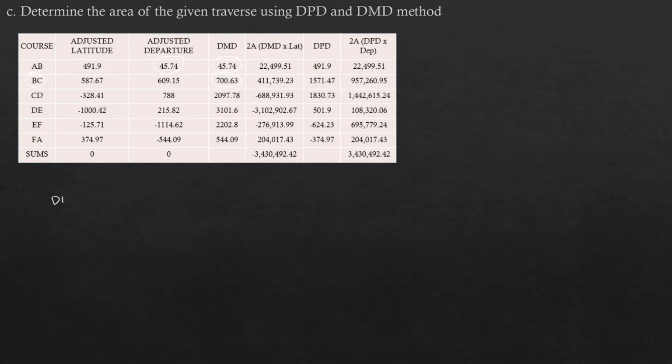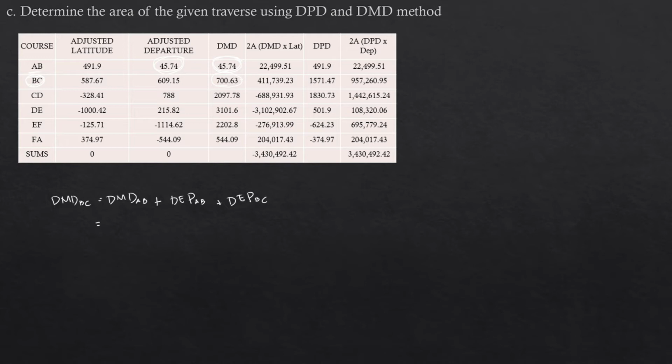So, DMD ng course BC, meron tayong DMD ng AB, yung preceding DMD, plus yung departure ng preceding course, plus yung departure ng course itself. So, departure ng BC kung nasan tayo.